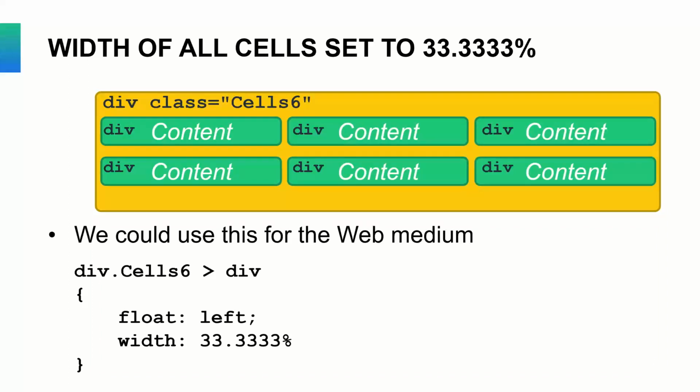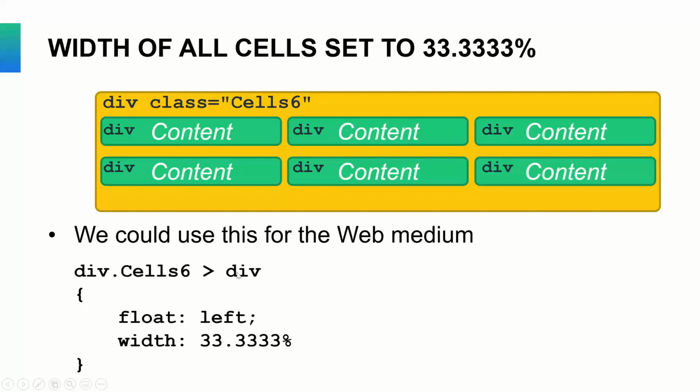How do we do that in CSS? Well, all we do is we give our container div a class name of, let's say, cell 6, and then all these divs inside, we can set them to have a width of 33.3, and we can set them to float just using this very simple bit of CSS. Now, this is what we call a complex selector, but it's not actually that complex.